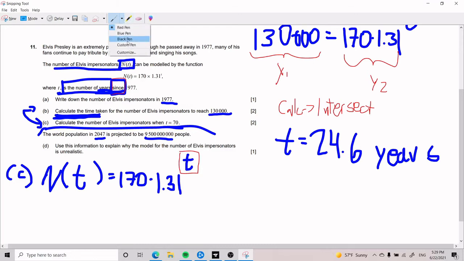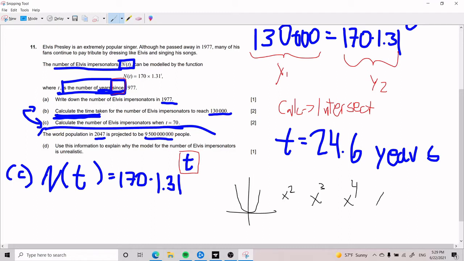And so remember when you look at parabolas that you have something like x squared, x to the power of 3, or x to the power of 4, or x to the power of 10, this slope is going to be each time more and more intense. And so each time it gets more intense, it grows faster than before.